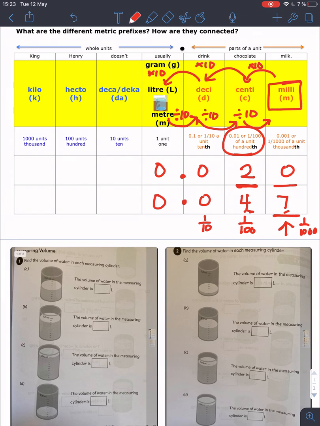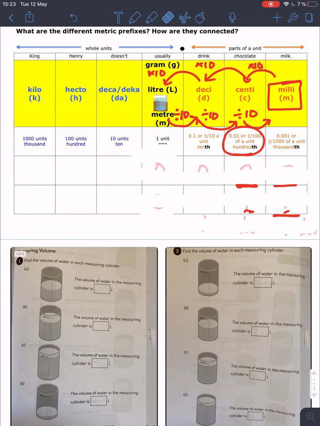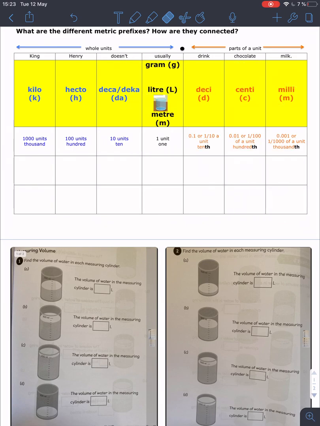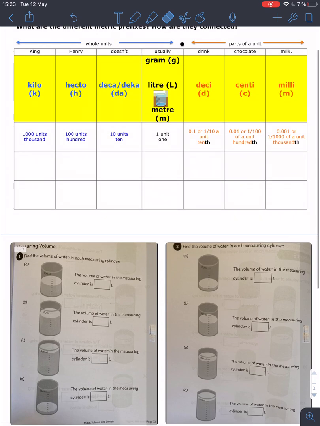So let's see if we can apply some of this thinking to answering the questions down below. Okay, so if we look at this first question here, 1A, the very first thing that I'm going to do in order to figure out how to answer this question is look at the capacity of this container.